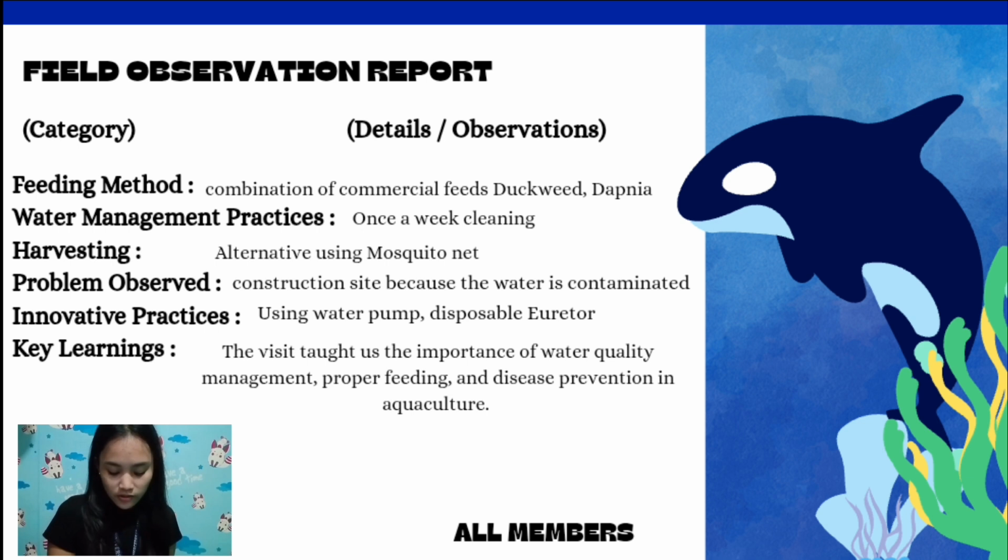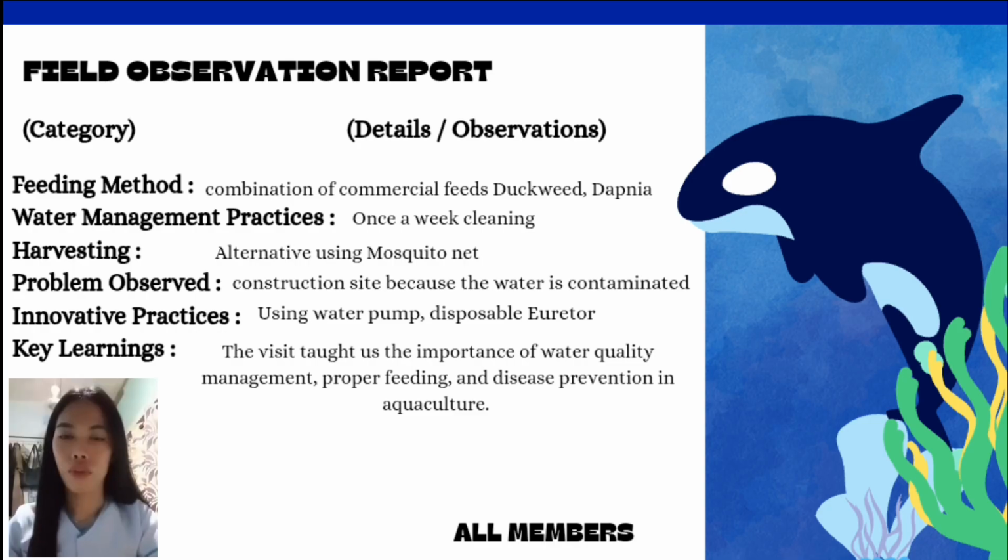Despite challenges, the hatchery applies innovative practices such as using water pumps and disposable aerators, which help in maintaining water flow and irrigation for the fish.